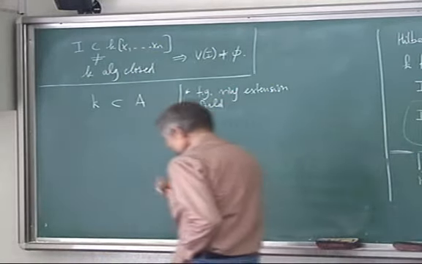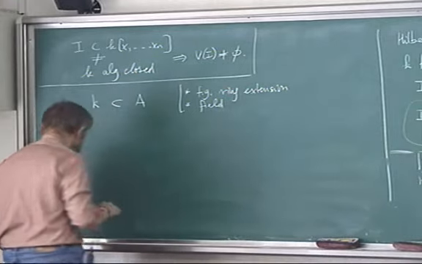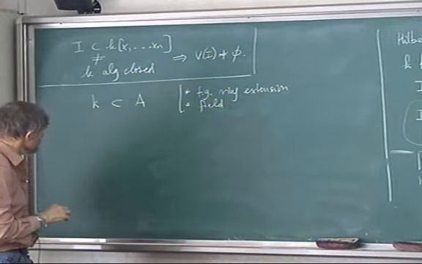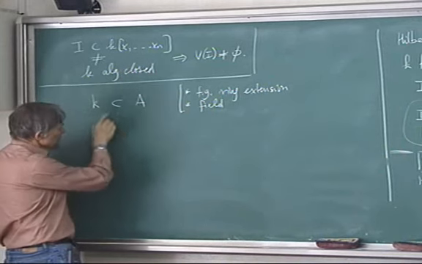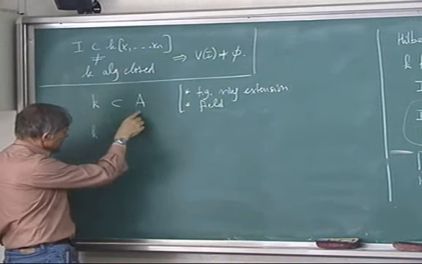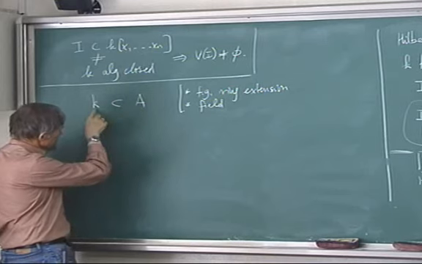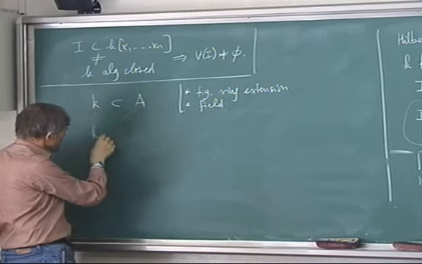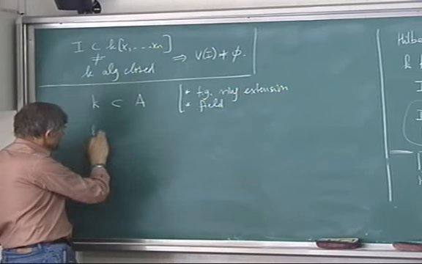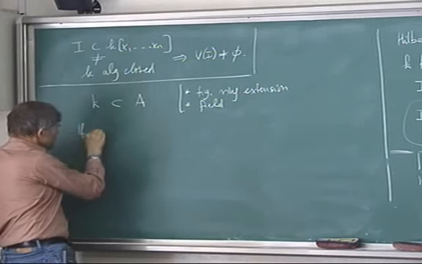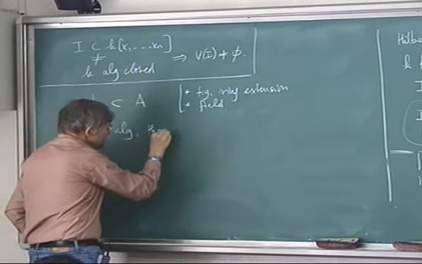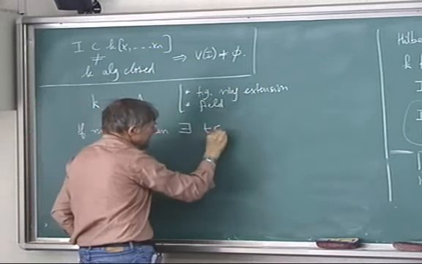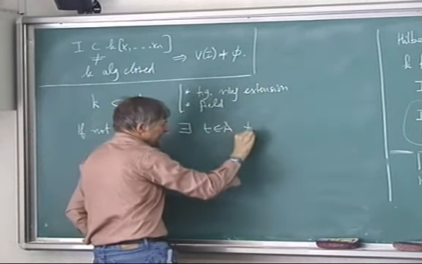So let me explain why it's true first and come to the proof afterwards. So suppose this extension k to A is not algebraic. Then if not algebraic, there exists some t in A which is transcendental.